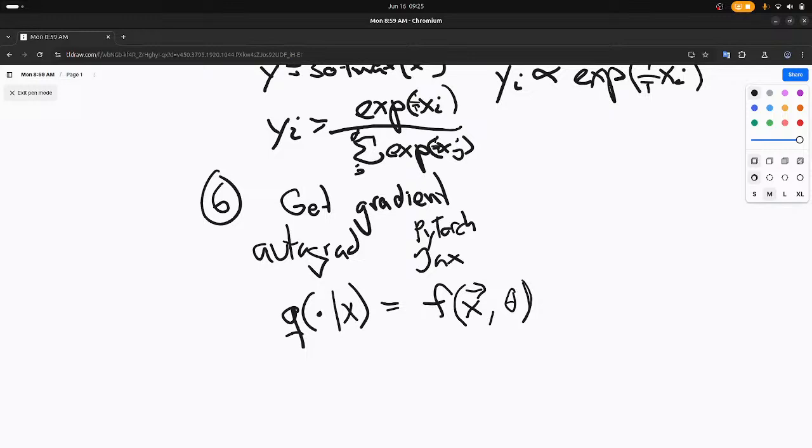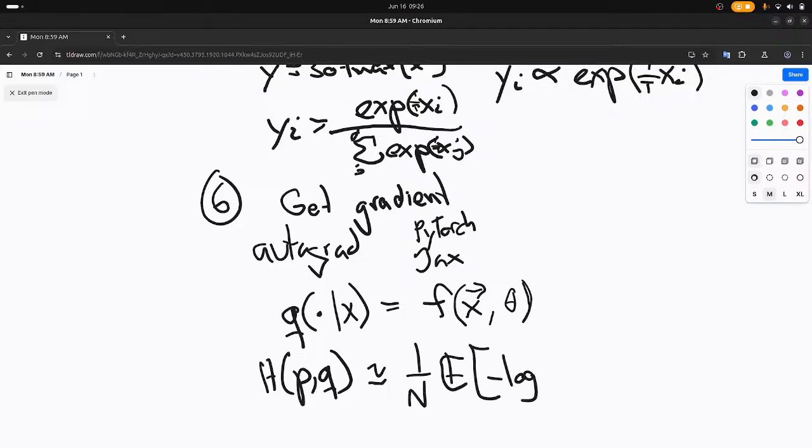And this means that our loss function, where we were trying to minimize this H(P,Q), is being approximated as 1 over n times the sum of minus log q yi xi.